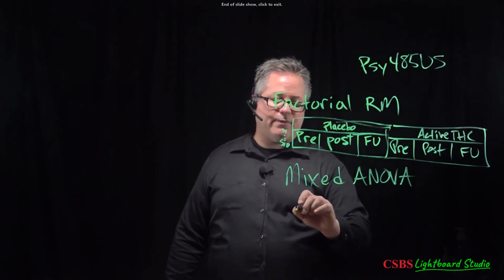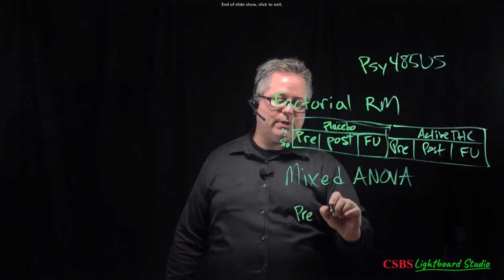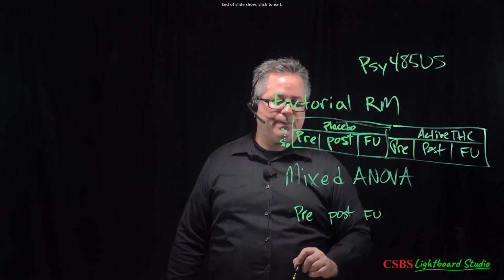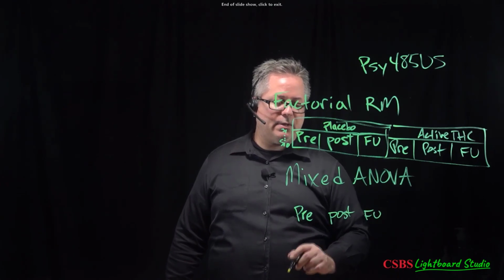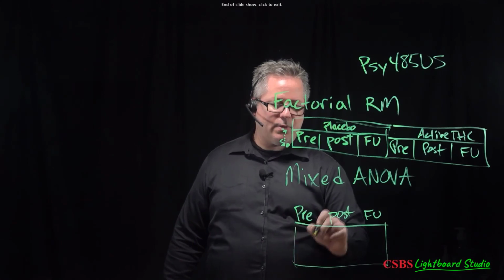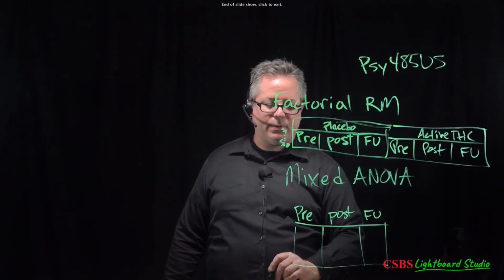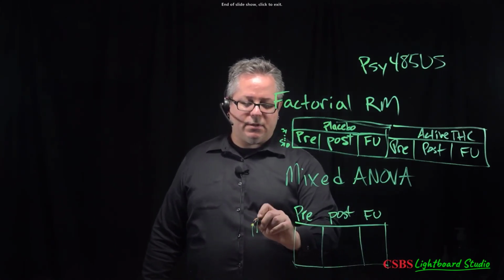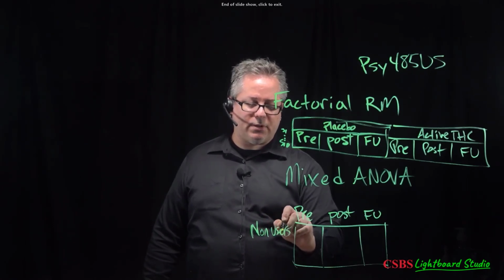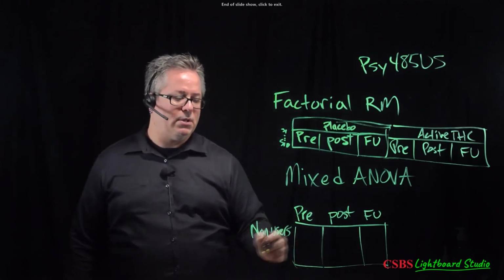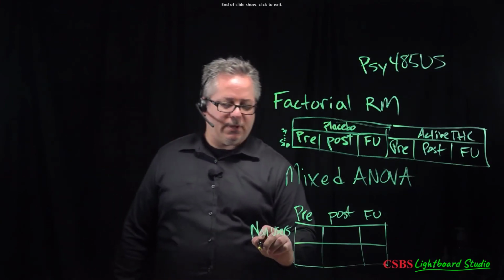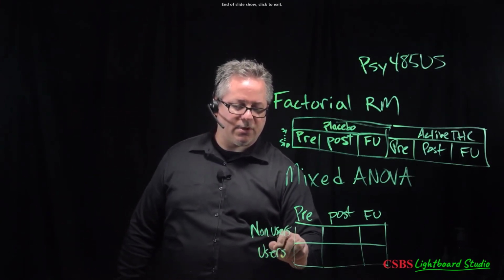So let's say I'm still doing THC, but I have pre, post, follow-up, and maybe I bring in 2 different groups where I have non-users, so people who don't regularly use THC, which is a group that we started with in our example, but then maybe we have some regular users come in.